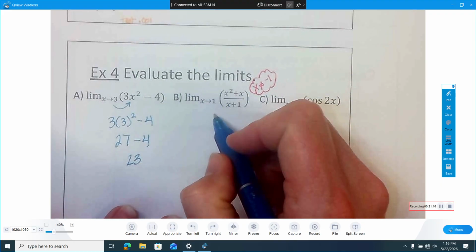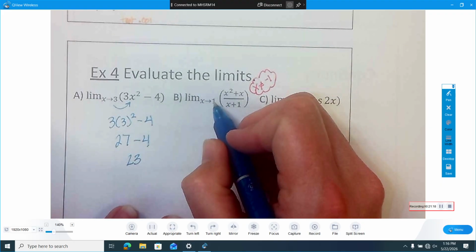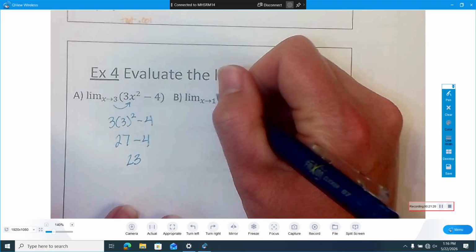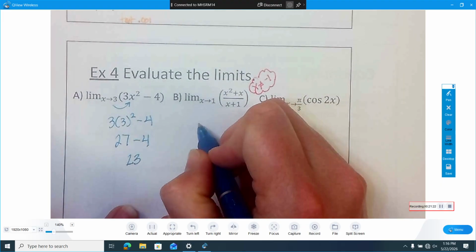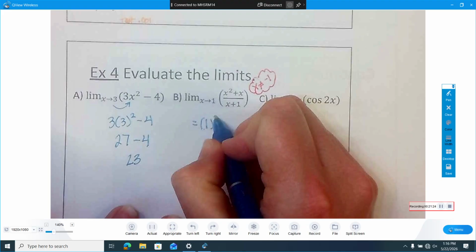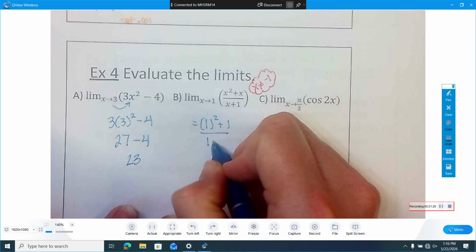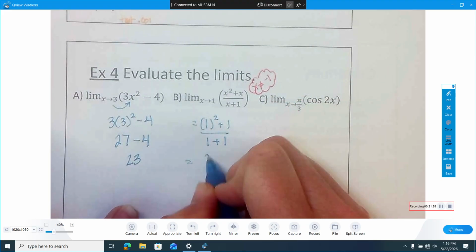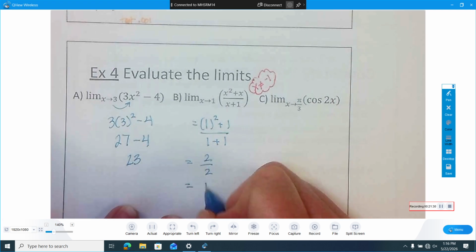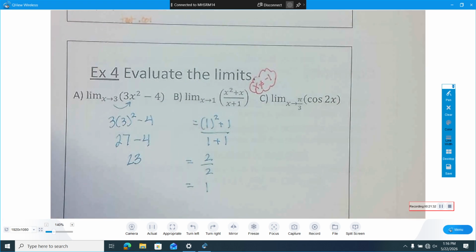So I can go ahead and just substitute in 1 squared plus 1 over 1 plus 1. What is that, 2 over 2? Which is 1. You're squaring 1 and then adding, and then you add to the bottom.